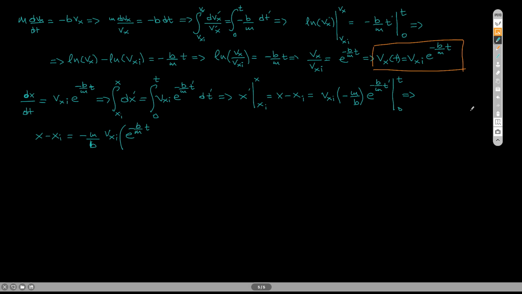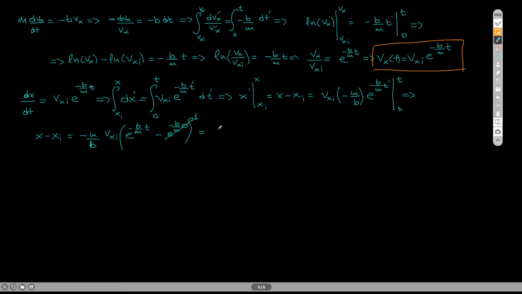There is a, let me make it clear, there is a minus. Okay, this here is a minus. And then minus e to the minus b over m times 0. Now e to the 0 is just 1. So the whole thing here, this is 1.